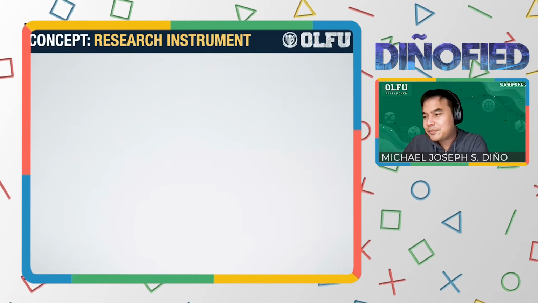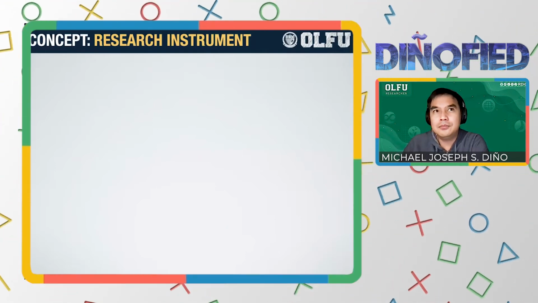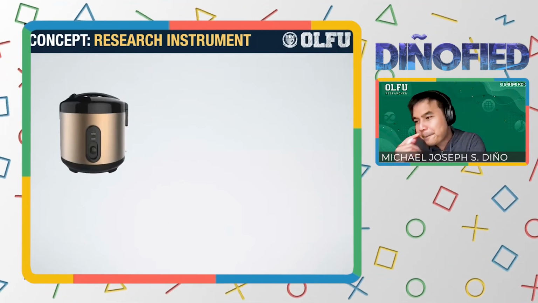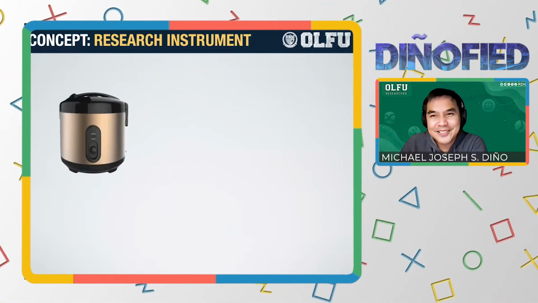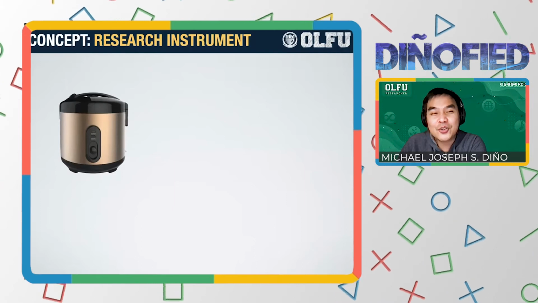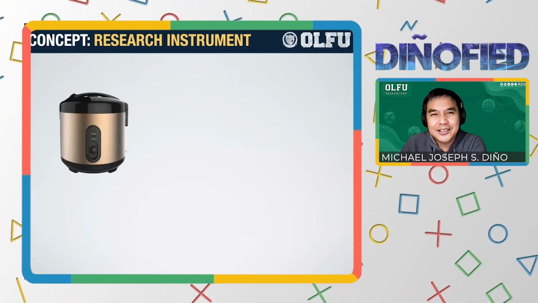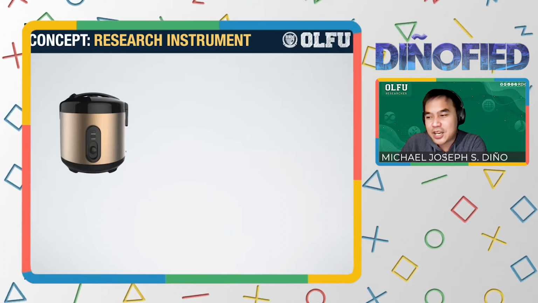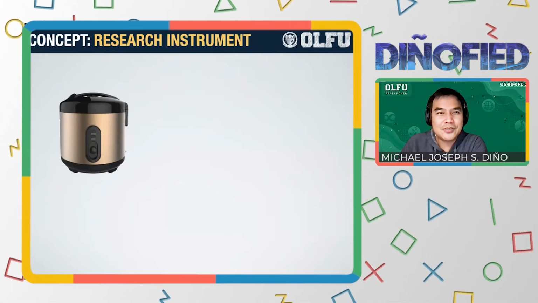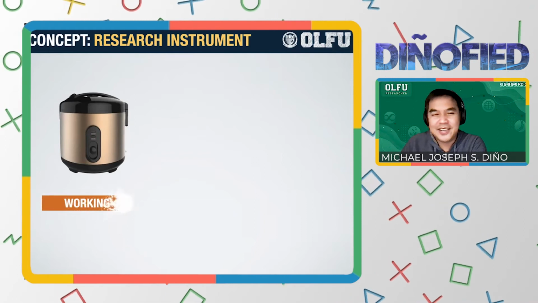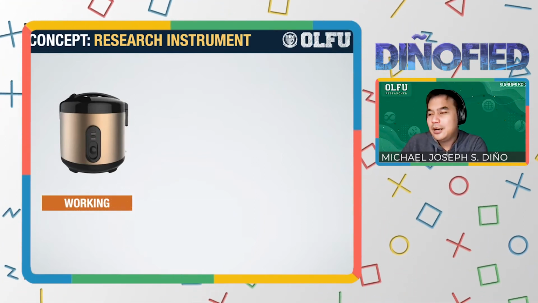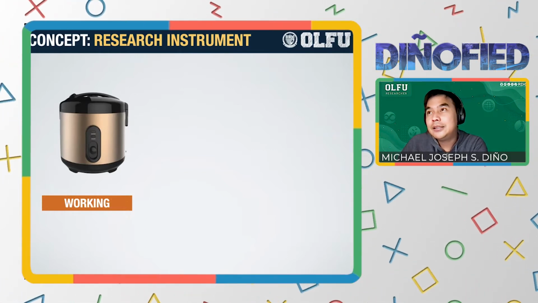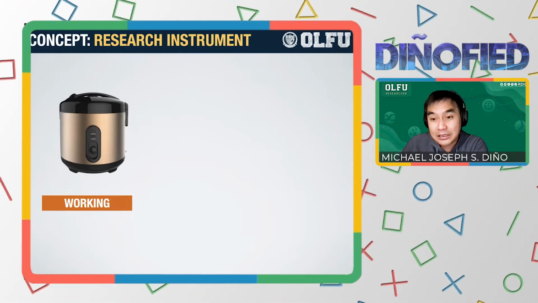Let's assume that I'm going to buy from Shopee. What's this? Rice cooker. Okay. When the rice cooker is delivered, what will I check? If the rice cooker is working. Correct? What if I'm going to buy a temperature gun?